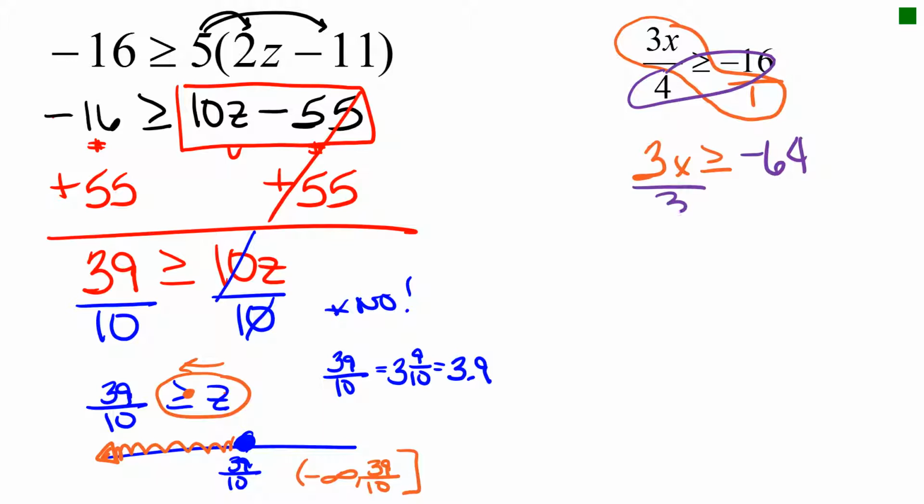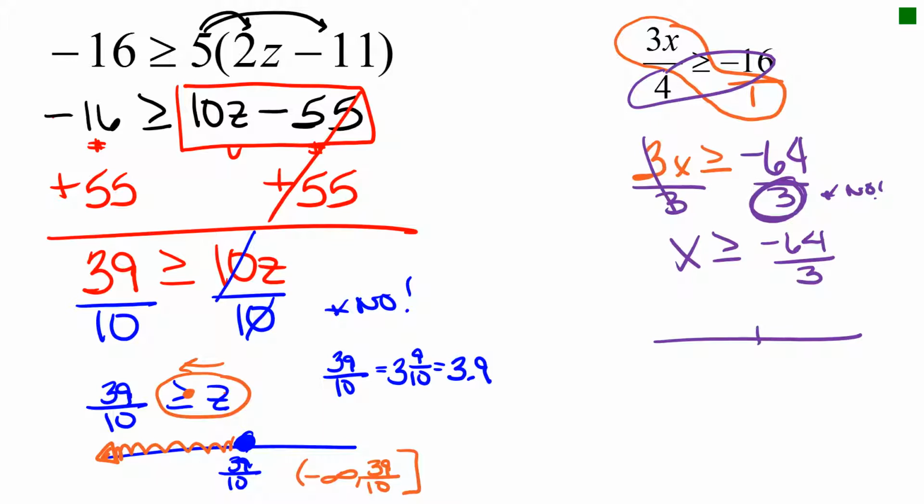So when I divide by 3, this is when I decide my answer is no, because remember it's the number I divide by. So I keep x is greater than or equal to. Negative 64 over 3 does not reduce. It's just negative 64 over 3. So I'm going to put negative 64 over 3 on my little number line.